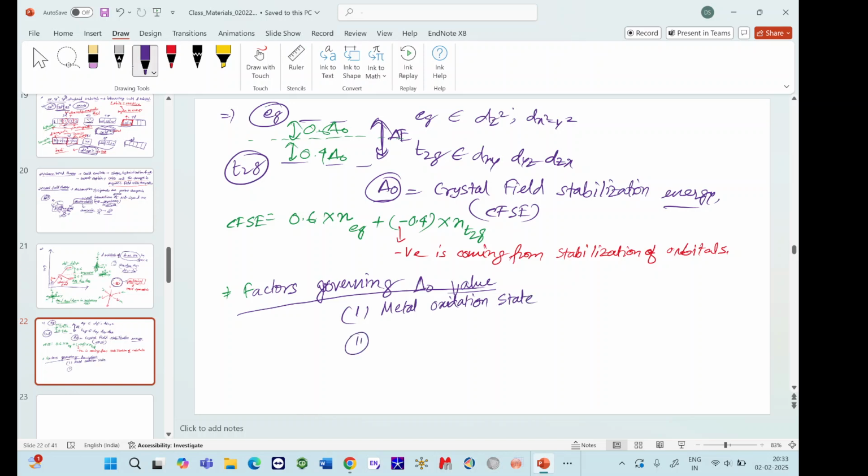Then the ligand field. Ligand field is one more thing that we need to discuss. For the metal oxidation state, if your oxidation state increases, the 3 plus state will have a much higher delta O value than 2 plus, then 1 plus.